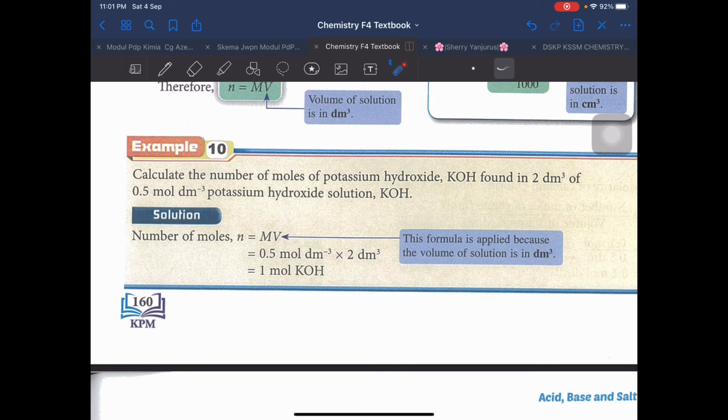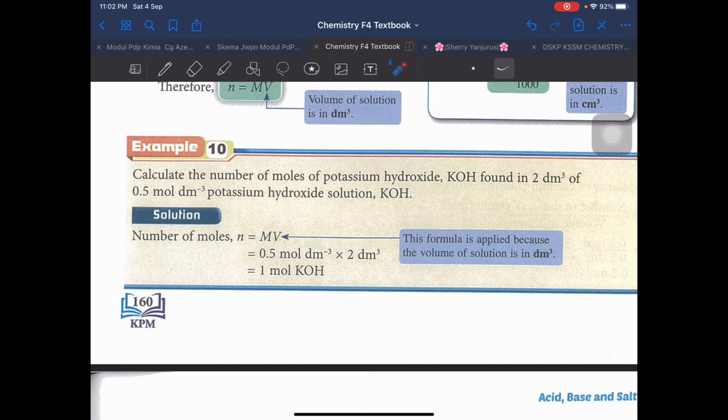Okay, example 10. Calculate the number of moles of potassium hydroxide found in 2 cubic centimeter of 0.5 mole per cubic decimeter of potassium hydroxide solution, KOH. Apa yang soalan mau? Soalan mau number of moles. Apa yang dia bagi? Dia bagi this one is the V, V besar. This is the volume, V. Kan?